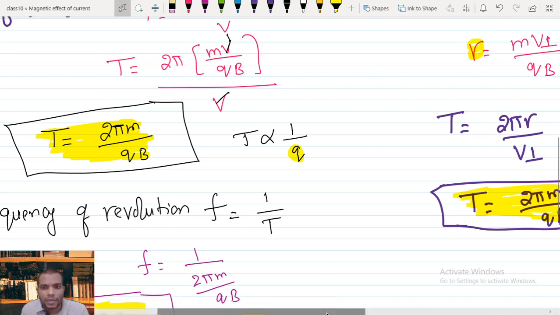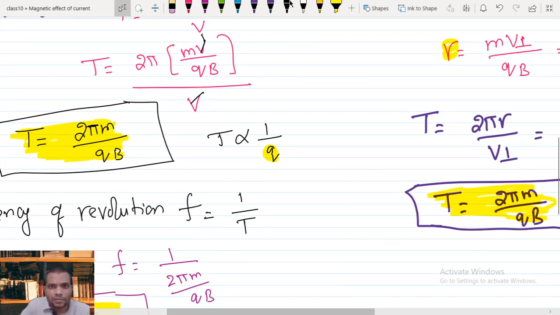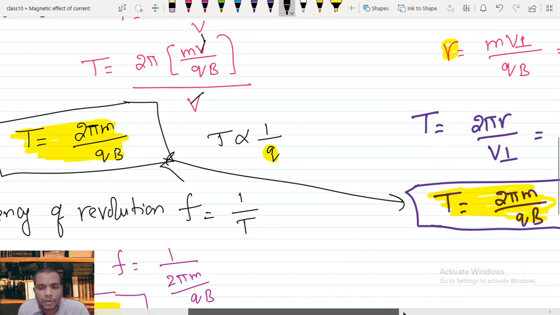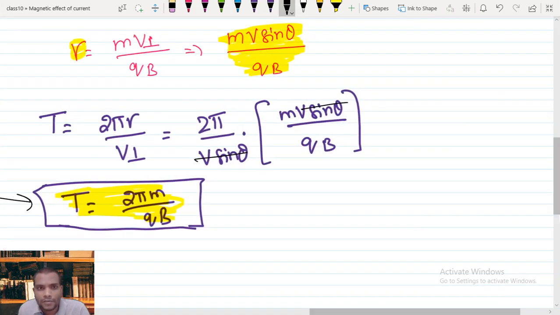If you keep these two expressions in parallel, which I derived earlier and which I derived right now, this one is at an angle of 90 degrees, so there is no change at all. It means the time period of the revolution in this case won't change, but the velocity changes. That is because of the perpendicular component. I hope you got the difference. Not only that, the radius also changes.